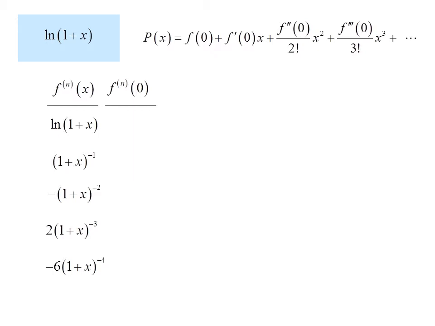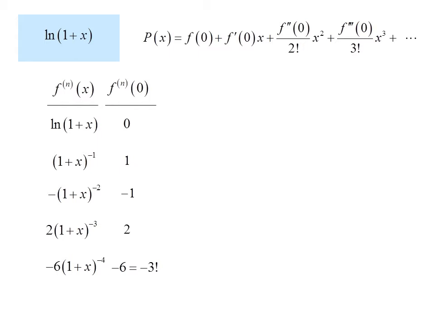We substitute 0 in for x and evaluate. We get ln 1, which is 0, 1, negative 1, 2, and negative 6, which is 3 factorial.